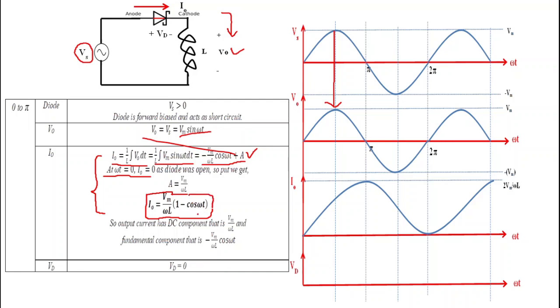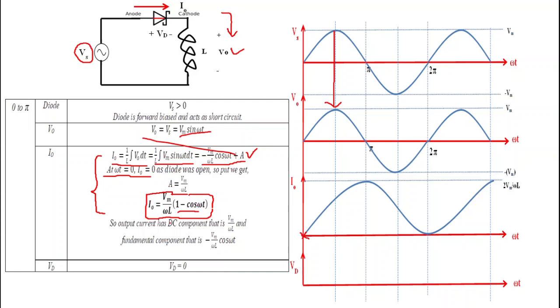Now we will plot the waveform for this current equation. If we put omega t equal to 0, then cos 0 becomes 1, and 1 minus 1 is 0. That's why we get I0 equal to 0 at omega t equal to 0. If we put omega t equal to pi, then cos pi is equal to minus 1, and 1 minus minus 1 is equal to 2.